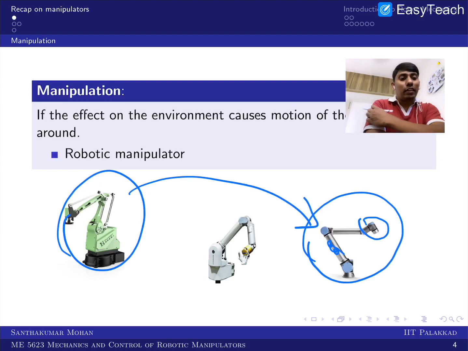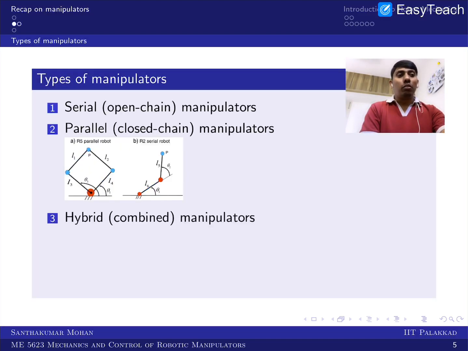It is friendly to human beings, the actuators are much more compact, and the static balancing is built in. This is the main idea I wanted to emphasize in this slide: from the conventional manipulator to the modern cobots. So this is one side, let us go to the further side.